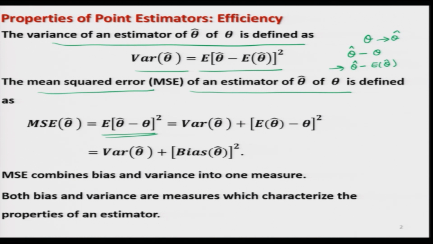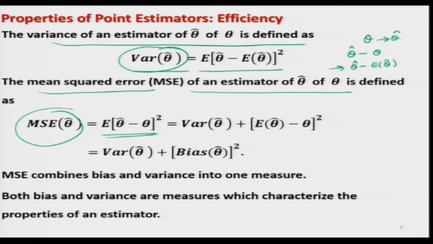The estimator has been obtained as theta hat. Now, we want to measure its variability. Remember one thing, that you can estimate the variance of theta hat, or you can also estimate the MSE of theta hat depending on the situation, but these are the two measures about which we are going to talk about.